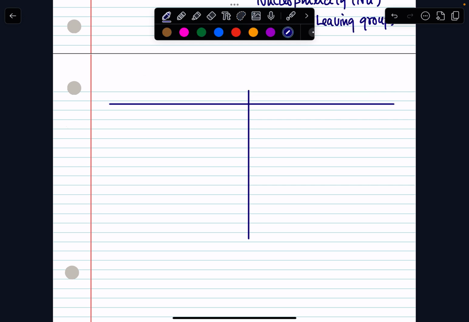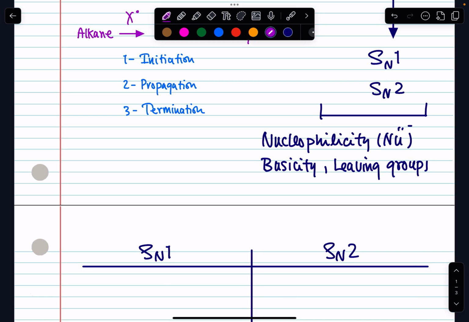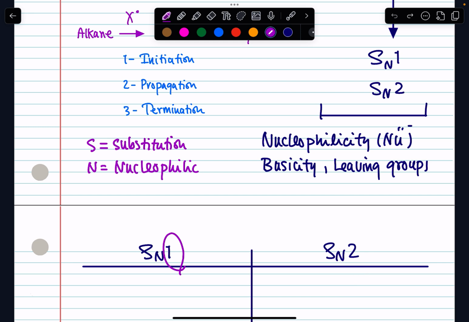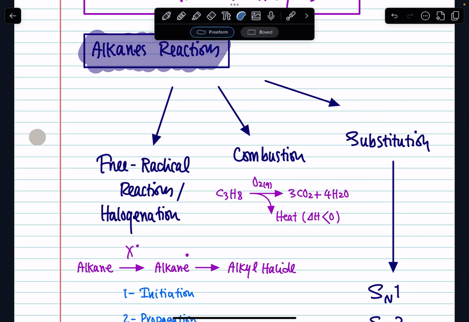Remember, S means substitution. N means nucleophilic. Now, 1 and 2 have other meanings, which we'll talk about in a second. Essentially, these are called nucleophilic substitutions. So maybe I should put that up here, actually.